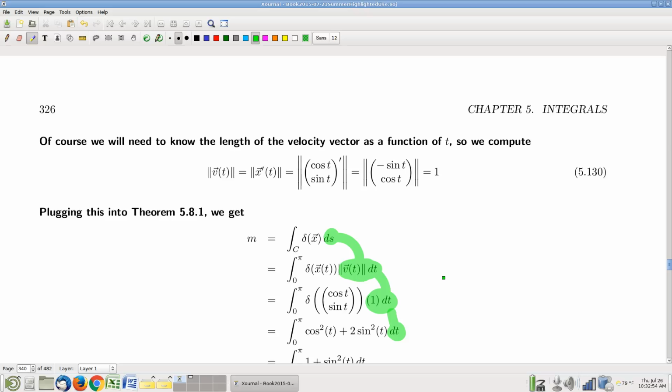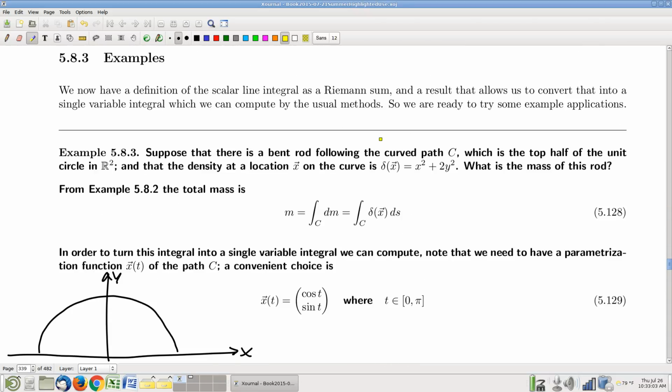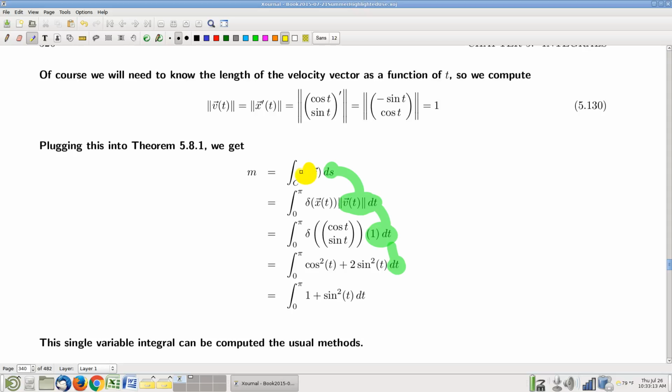Okay, so what do we do with all the x's and y's in here? Our density, what color did I use down here? Green, okay. So our density is x squared plus 2y squared. But don't forget now, x is cosine t, and y is sine t.